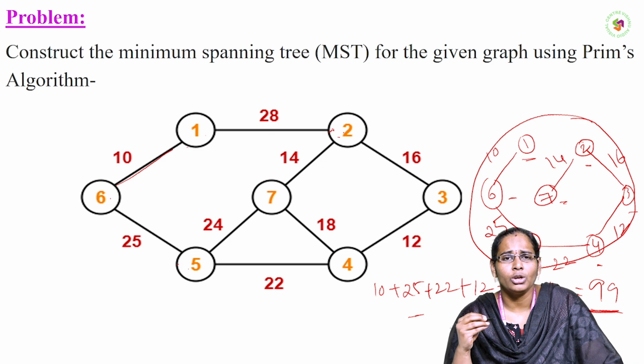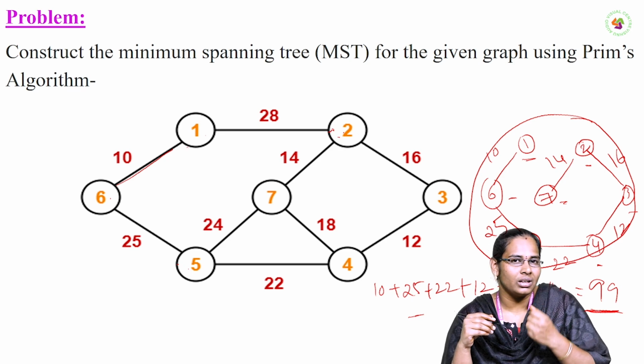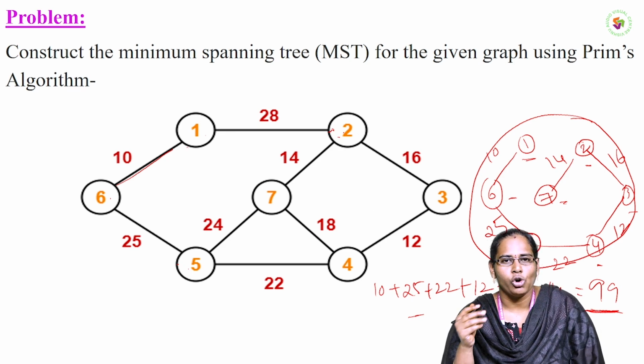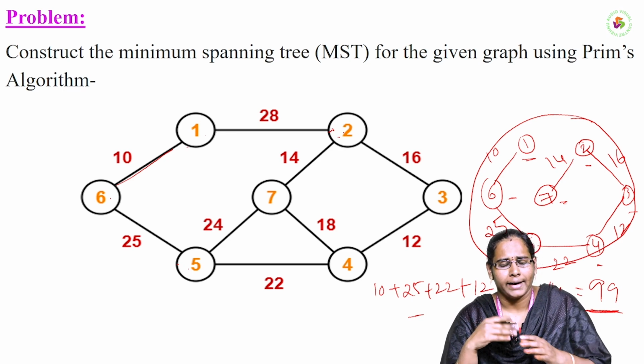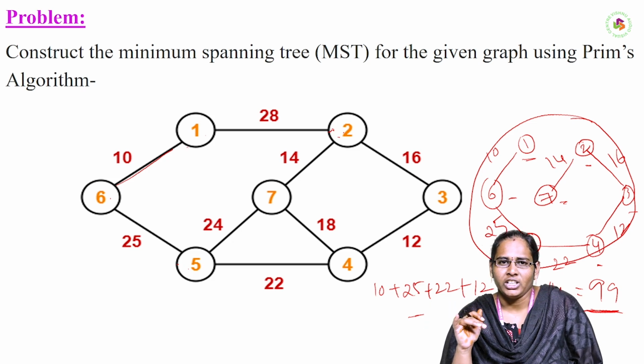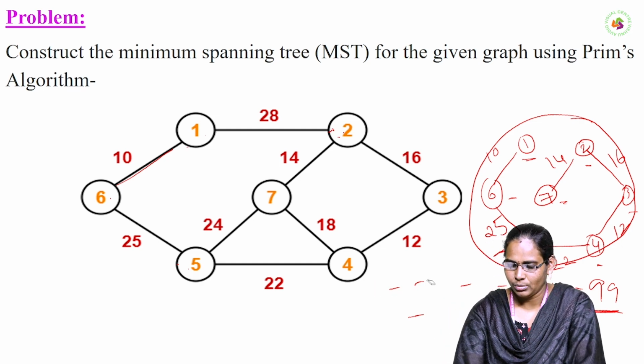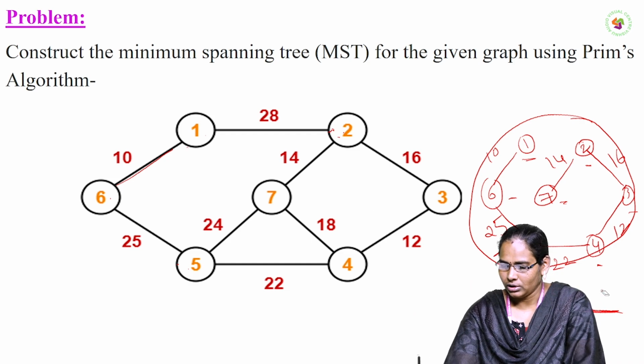You have to select all the edges which are connected to the already placed edge vertices. Among all those, you have to select the next one and again connect it with that particular edge. If suppose a cycle is formed, then you have to reject that edge and go for the next minimum weight edge. Finally, all the vertices are visited. Then finally we get the MST with the minimum cost. So this is the procedure of Prim's algorithm.